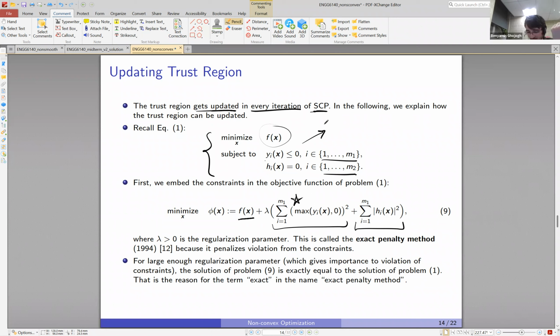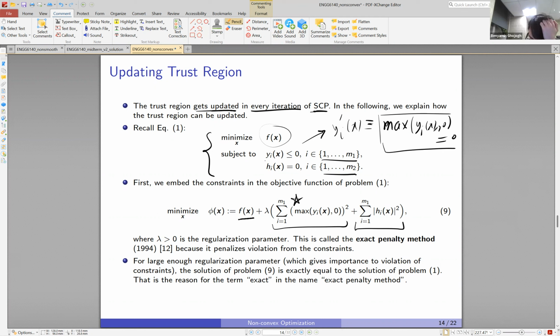I said there is a good technique for converting inequality constraints to equality constraints by saying let gi prime of x be defined as the maximum of gi of x and 0 equals 0. So this is an equality constraint. And why is this equivalent to this?